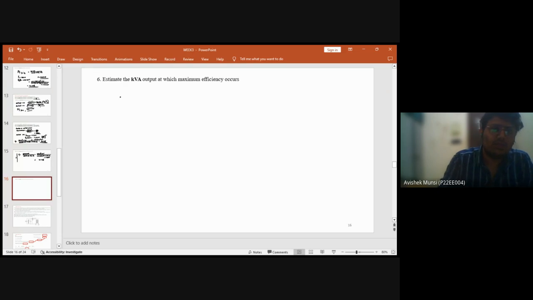Next question, you have to calculate the kVA output, actually kW power, at which maximum efficiency occurs. I will also tell this formula.